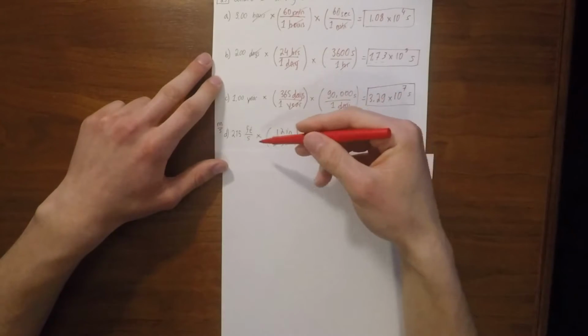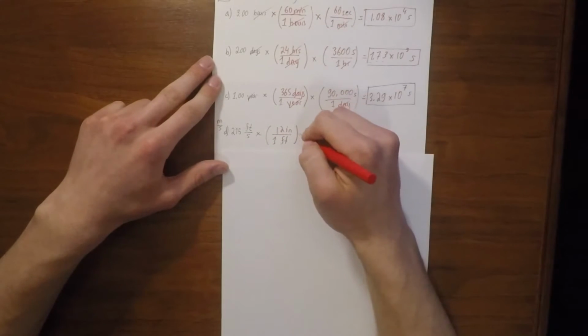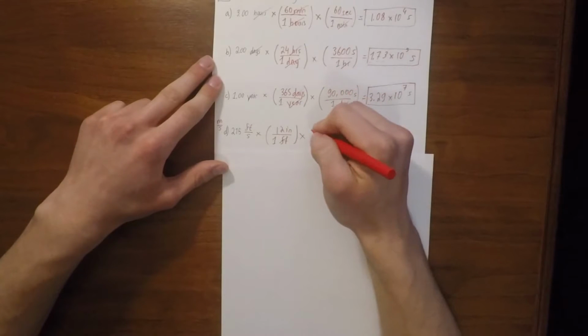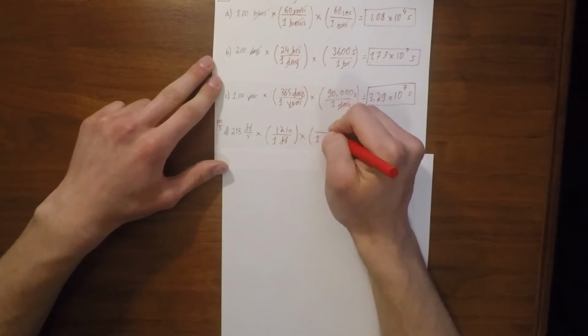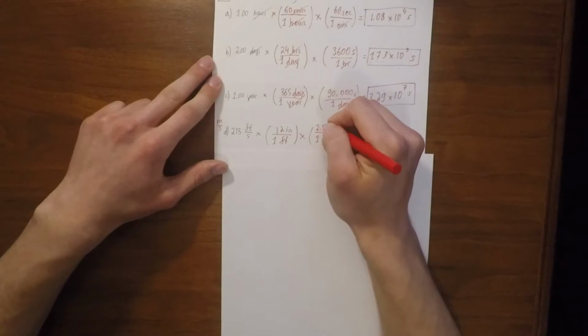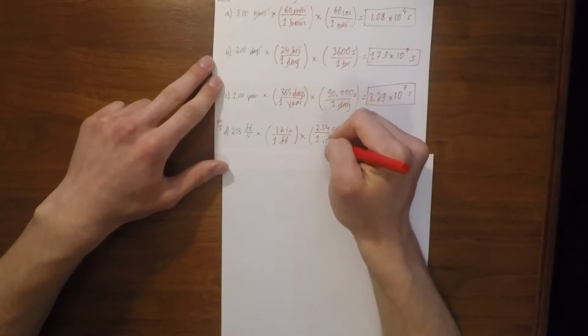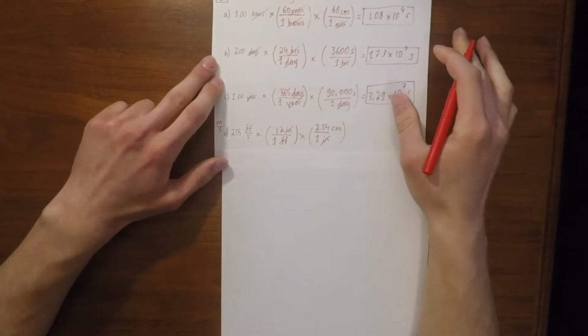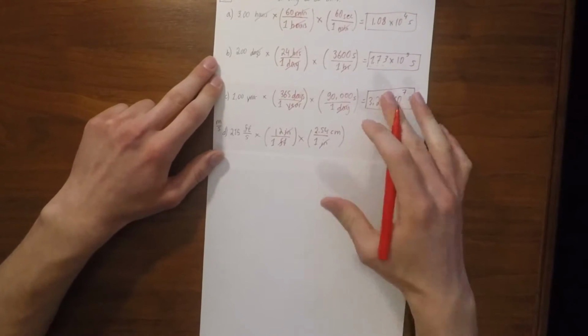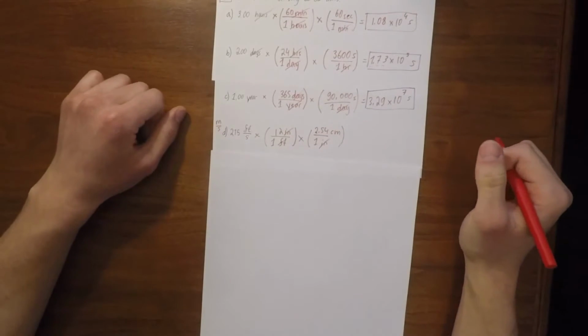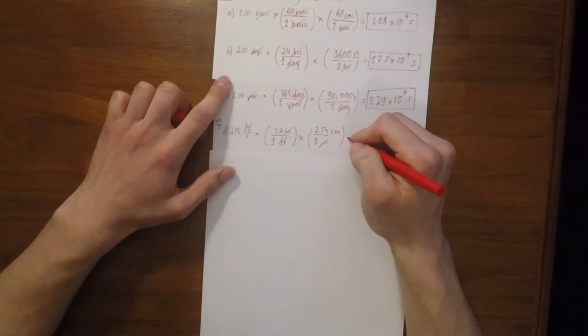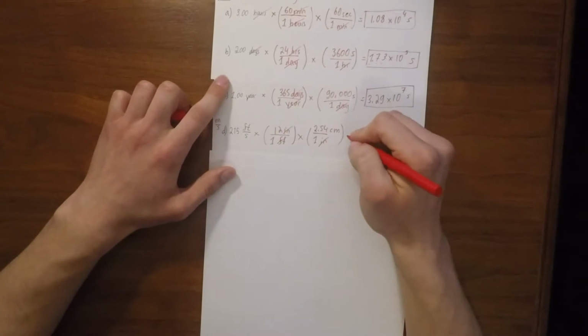Right? That will cancel the feet, but we're left with inches. That's not good. So 1 inch has 2.54 centimeters. After the inches cancel, we're left with centimeters. But centimeters are not SI units. They are metric, but they're not SI units. We have to convert it to meters.